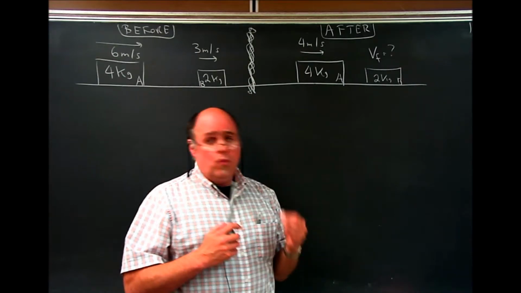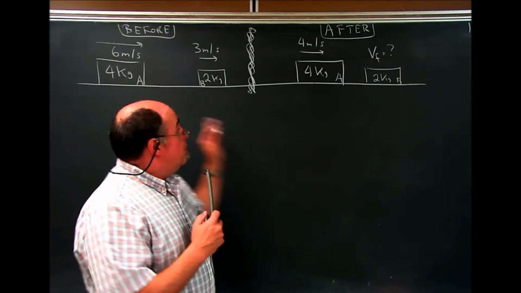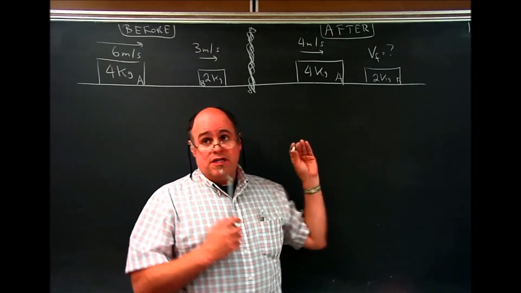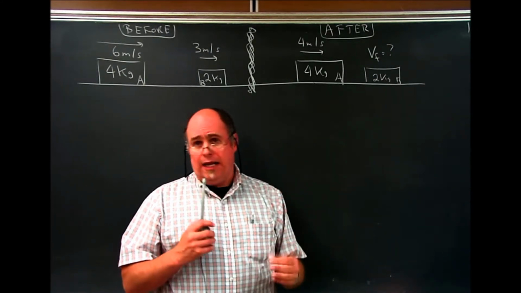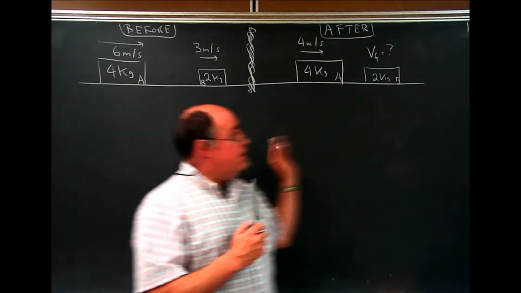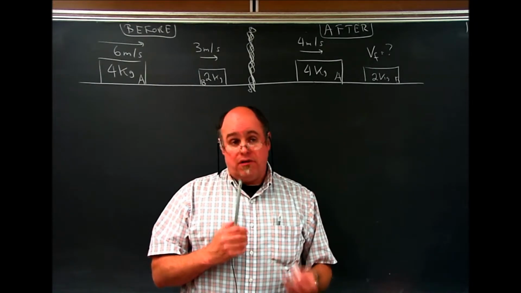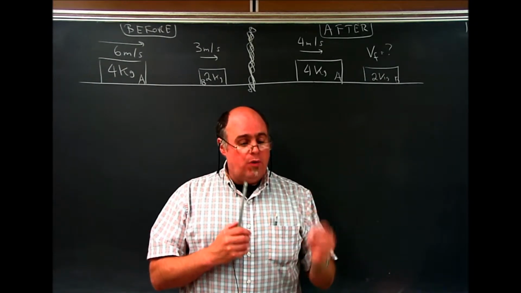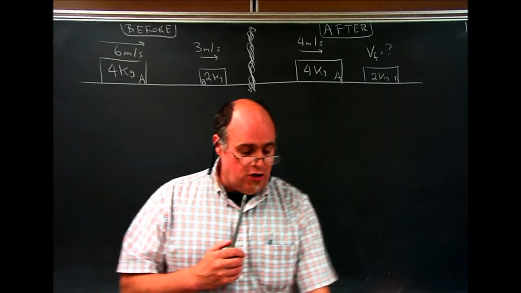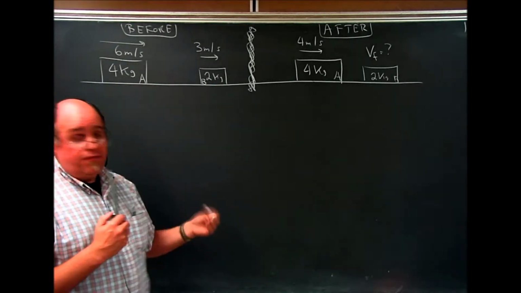Okay, so what we could do is just use conservation of momentum. Now, I have no idea if this is an elastic collision or an inelastic collision yet. So I would never try to do any of these problems using conservation of kinetic energy, because I don't know if it's conserved or not. But momentum is always conserved, so I'll start by using conservation of momentum, which means underneath each piece I'll write the formula.